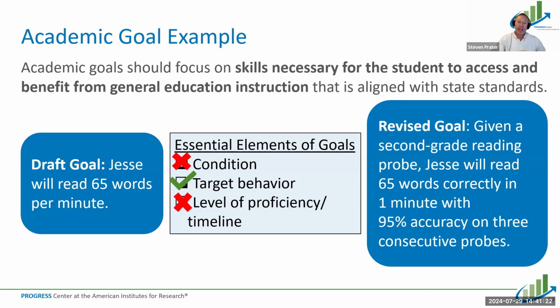They could pick out words like the, a, but, he, so, simple words that they know, and maybe pick out 65 words and read them. But that doesn't mean they were actually reading the passage. So one of the things we want to do with a goal like this is we want the student to actually read the passage and try to make sense of it. So that's why we say reading 65 words correctly, but also reading with 95% accuracy on those probes. So they're not just picking out 65 random words in the passage and reading those correctly.